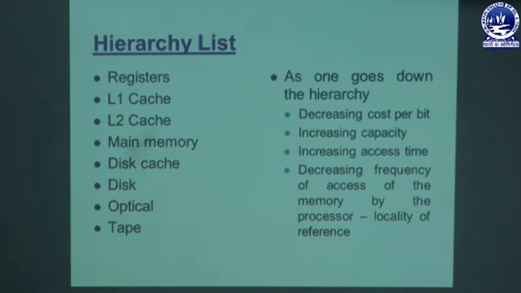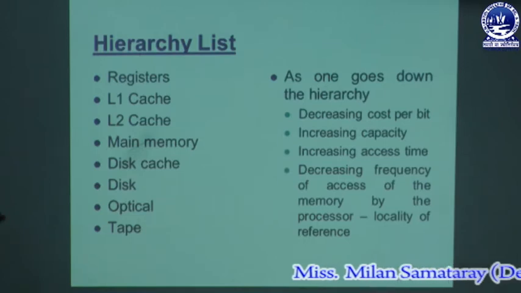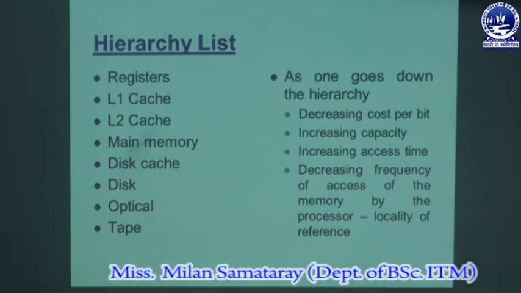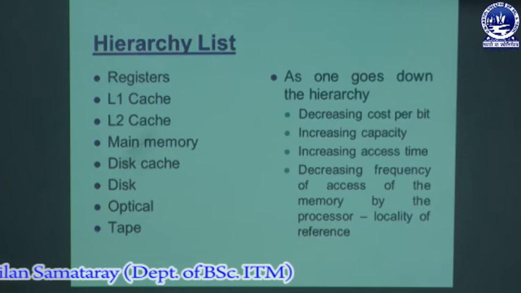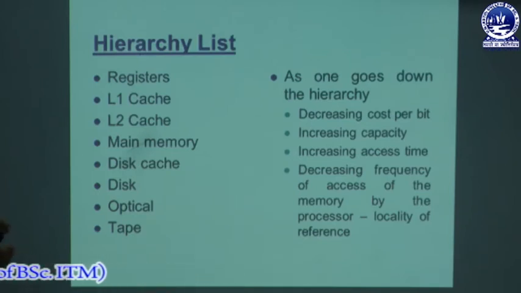So in that way you can compare the cost per bit. So RAM size is 4 GB and secondary memory is 500 GB. So the cost per bit in the RAM is more than the cost per bit in the secondary storage.